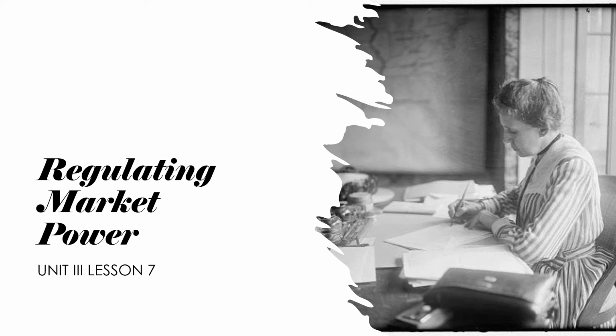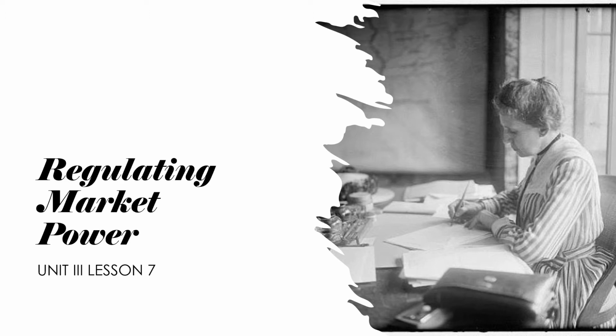wrote a series of articles that was turned into a book called History of the Standard Oil Company, which exposed John D. Rockefeller, the owner of the Standard Oil Company and president, and his drive to create an oil monopoly. Eventually, the muckrakers' revelations caused public outrage, particularly because the high cost of rail transport increased the cost of many other goods.